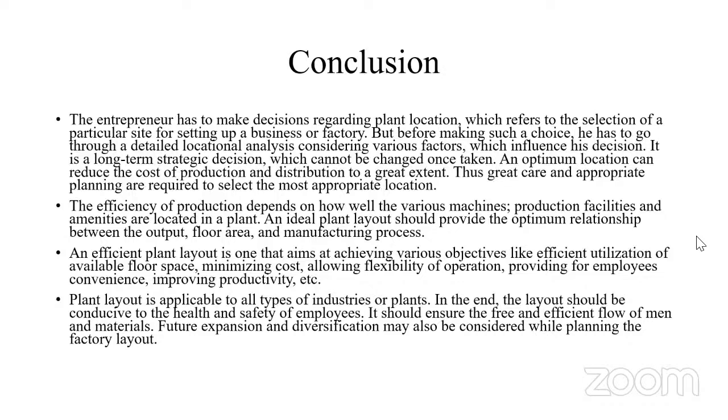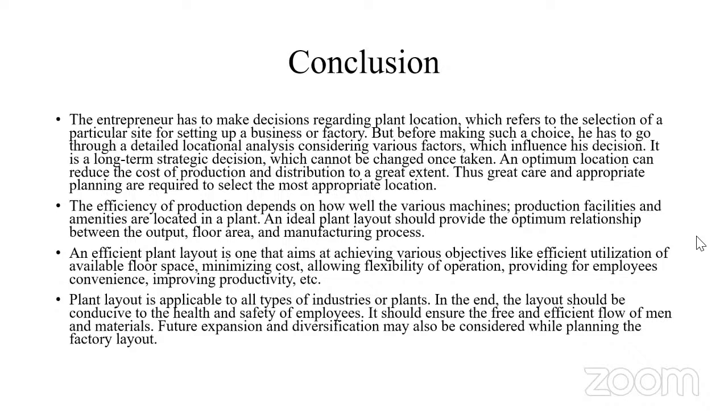Those could be raw materials availability, nearness to the market, the manpower, the capital investment, and the methodology and machinery to be used in building the business. It reduces the cost of production and distribution to a great extent. Thus, great care and appropriate planning are required to select the most appropriate location.